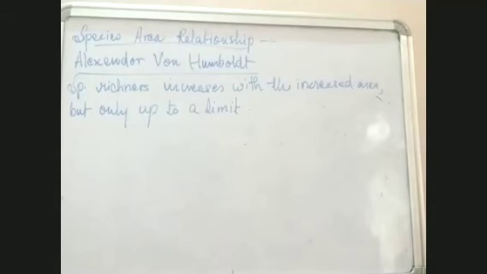So even if the area is explored much, after a certain limit, the species richness does not increase, it remains the same. To explain this, he gave a graph, and the graph is like this.